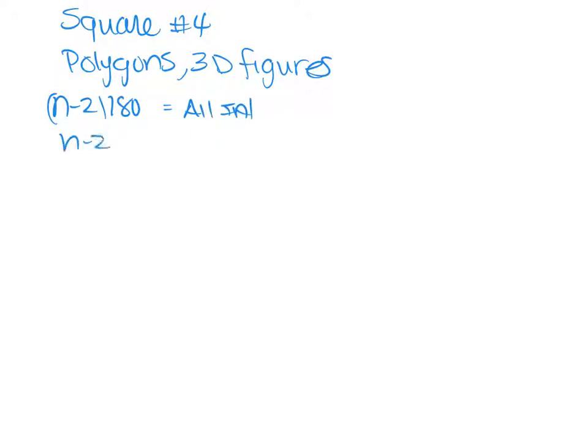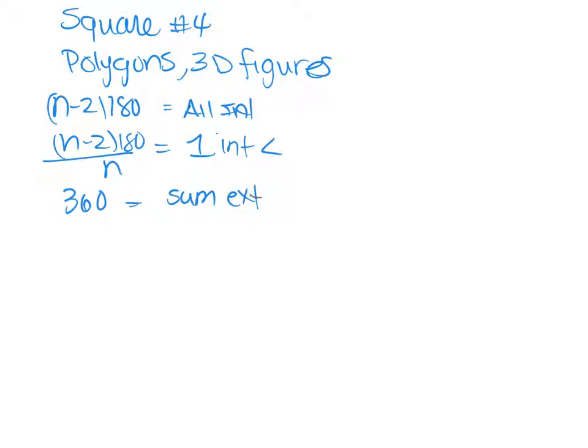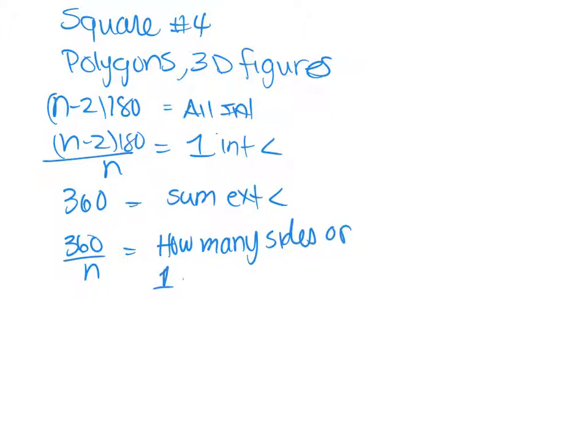We have n minus 2 times 180 over n, so that's 1 interior angle. We have 360, which is sum of exterior angles. We have 360 over n, so we can find how many sides or one exterior angle.